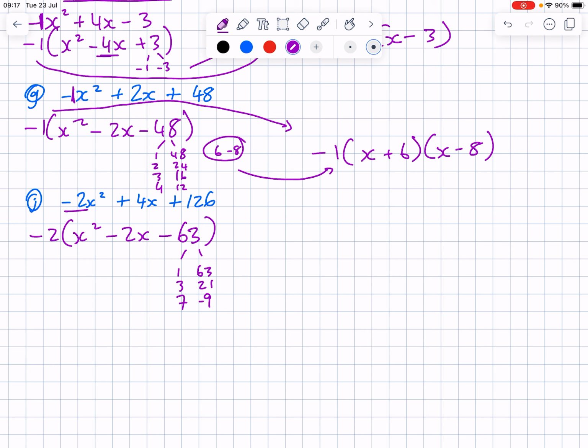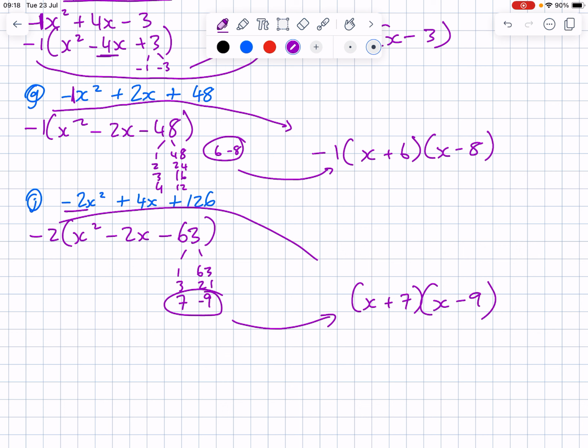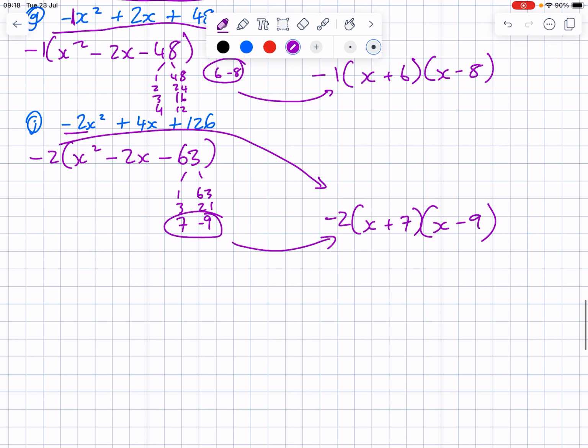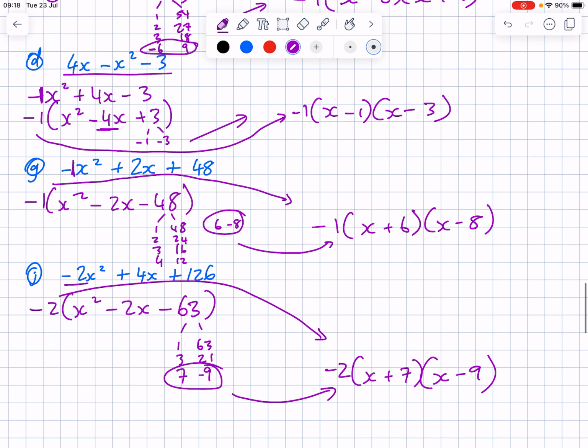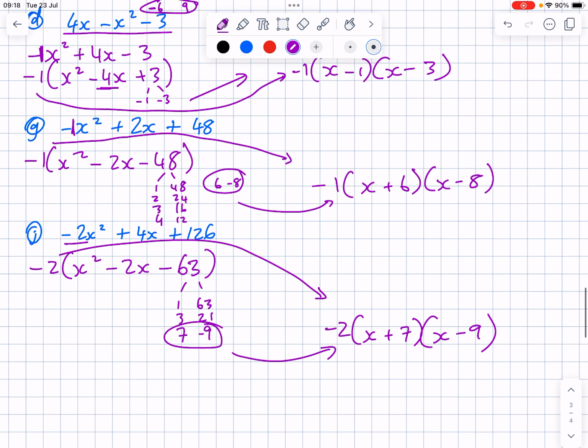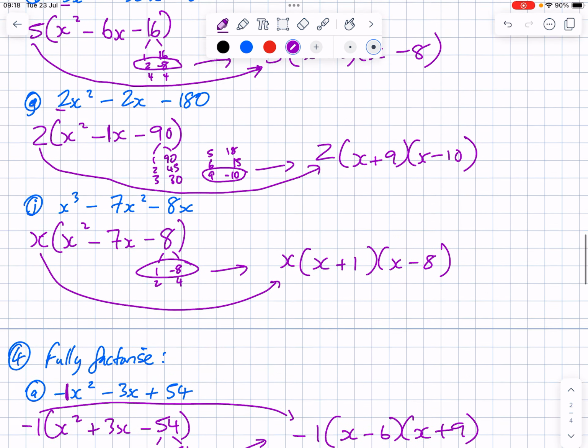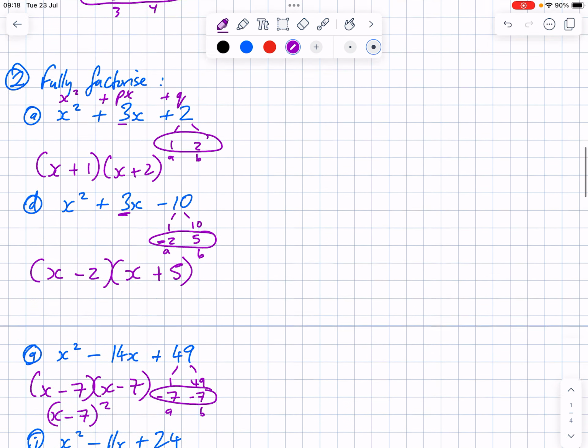Yes. 7 take 9 is going to give you negative 2. So that's my A and B. So that factorizes to x plus 7, x take 9, and you have the common factor of negative 2, which we removed at the start. There, so that is the hardest factorization you need to do for this topic. And there's plenty of practice there of a bunch of easier ones and a bunch of harder ones.